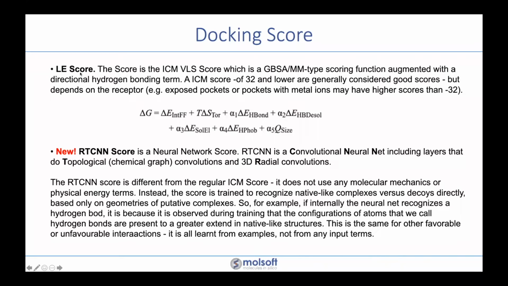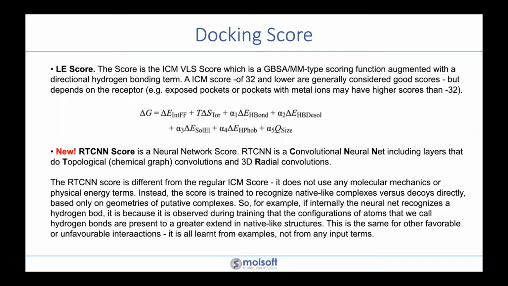It's been used for a long time in ICM. And there's also a recent RTCNN score, which is the new score developed in ICM. It's completely different from this Ligand Editor score. It's a brand new scoring option, and it's available now in the latest version of ICM.